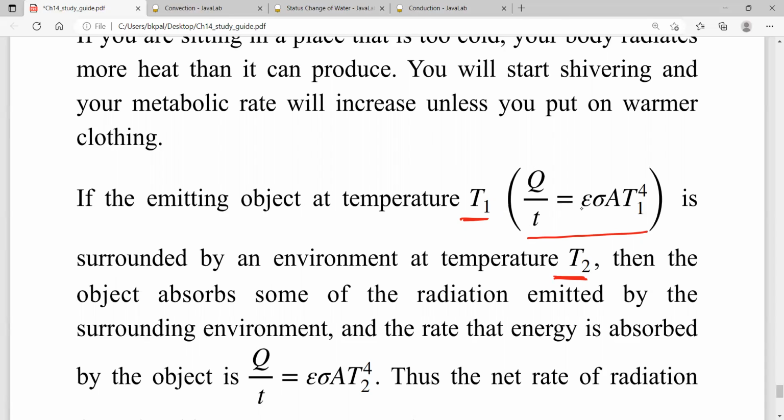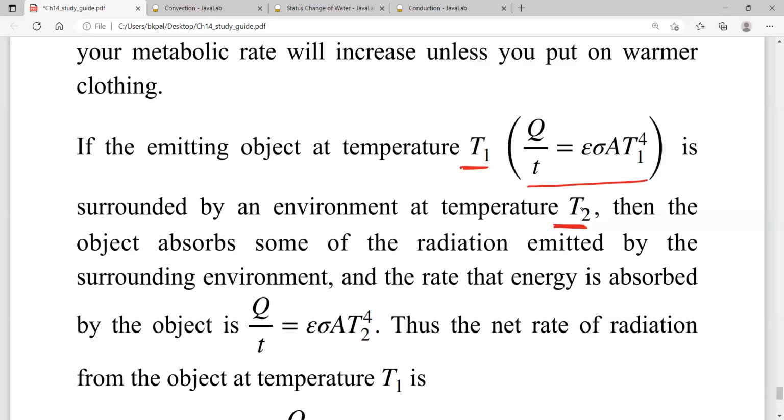This is the rate of heat transfer that it absorbs from the surrounding, because the surrounding temperature is T2.